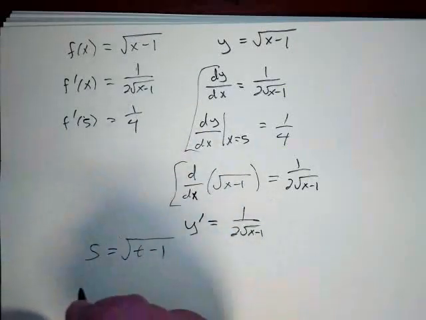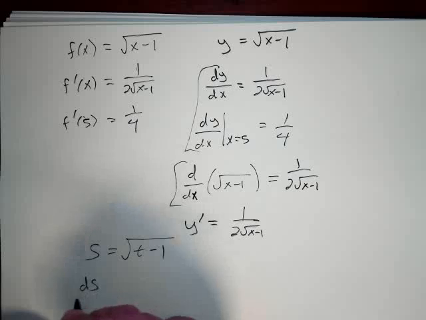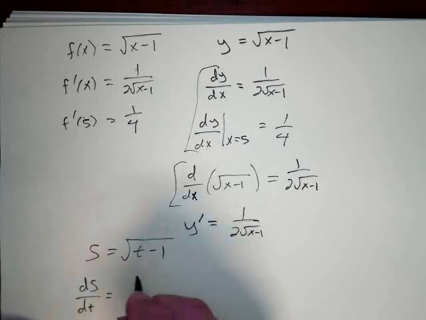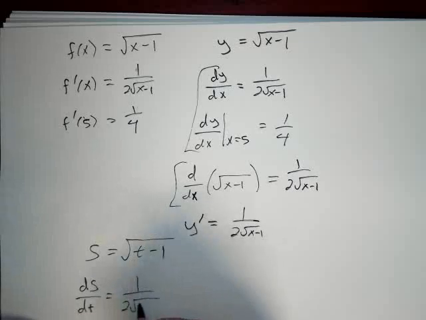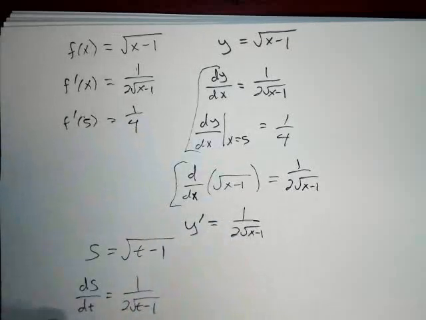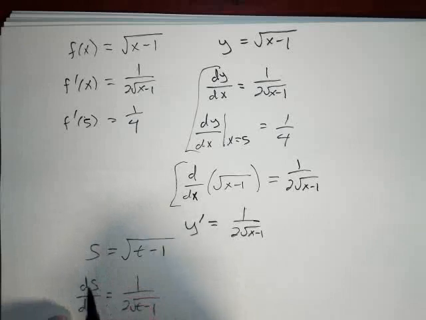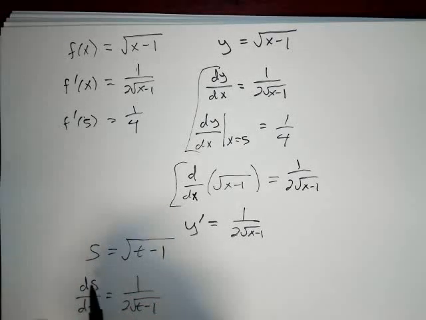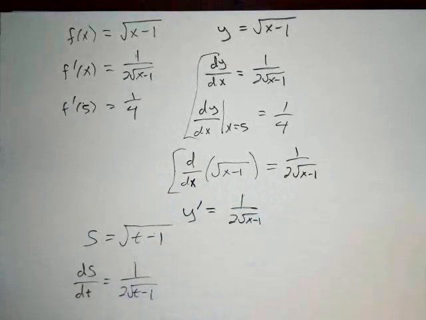Then I could say that ds with respect to t is equal to 1/2 square root of t minus 1. So this is the function value, and it doesn't have to be y and x. It could be some other variables. But this is how you would use that notation. Okay? And so you'll get good at using these notations in different situations.